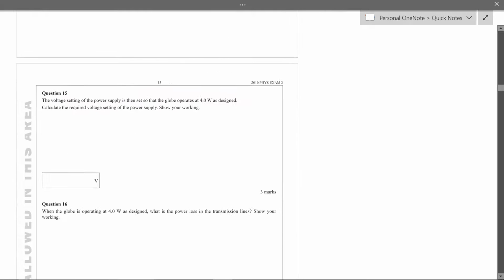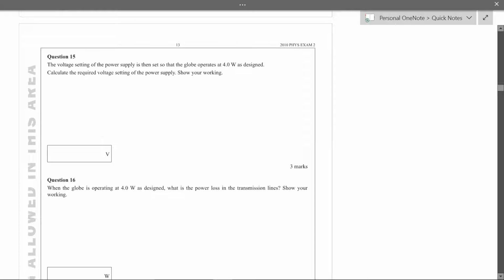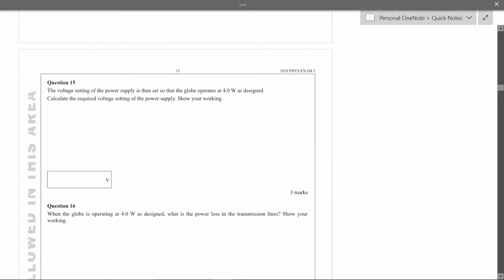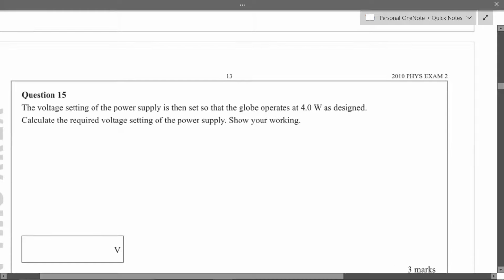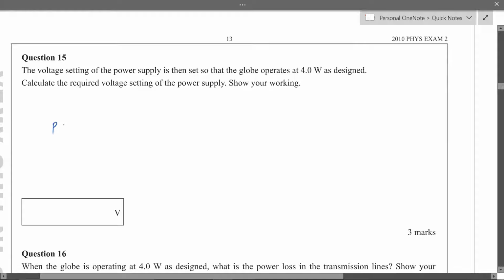That's that one. Question 15. The voltage setting of the power supply is set so that the globe operates at 4 volts; calculate the voltage of the power supply. I just drew a little circuit that's probably missing a lot of the notation. So 4 volts, P equals I times V, and I we don't know, so P on V is I, so 4 and 2, I is 2 amps.